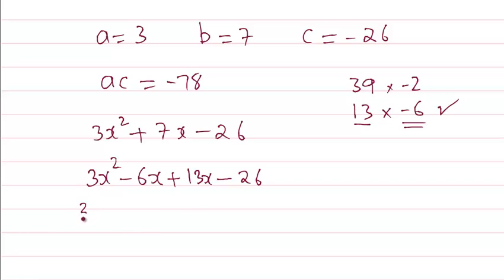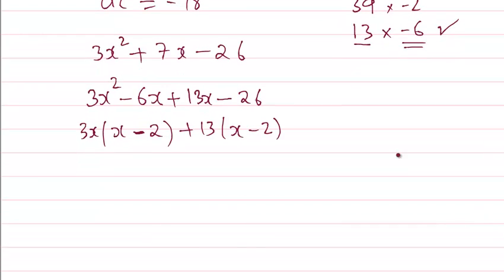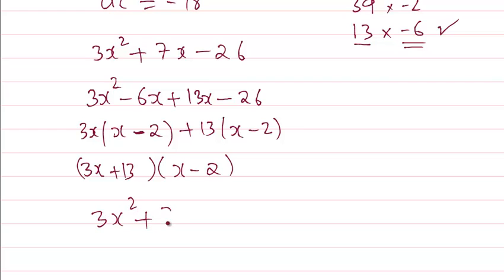So 3x is a common factor, so we're just left with x and minus 2 here. 13 is a common factor, so x minus 2 from here. So x minus 2 is a common factor, so we have 3x plus 13 times x minus 2. So 3x squared plus 7x minus 26 factorized to 3x plus 13 times x minus 2.